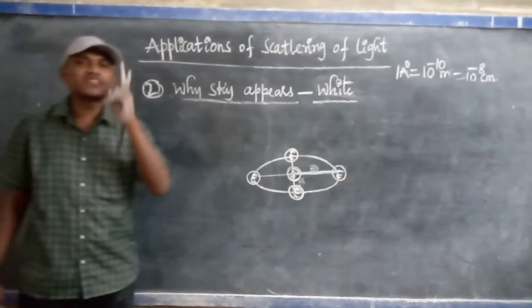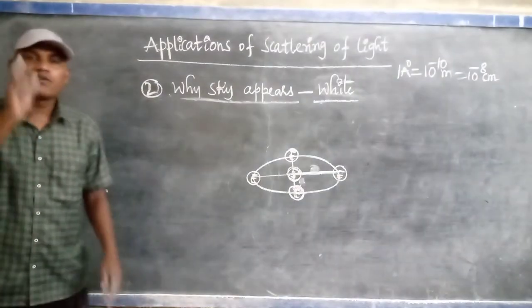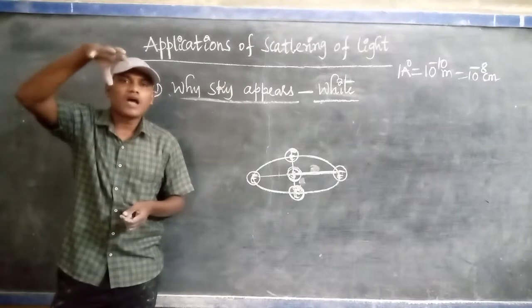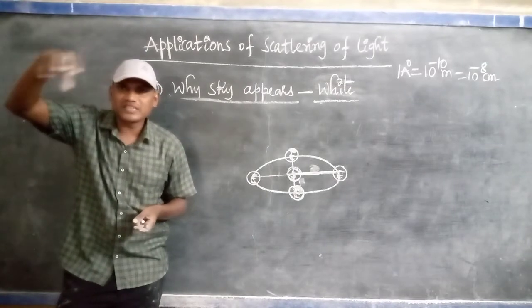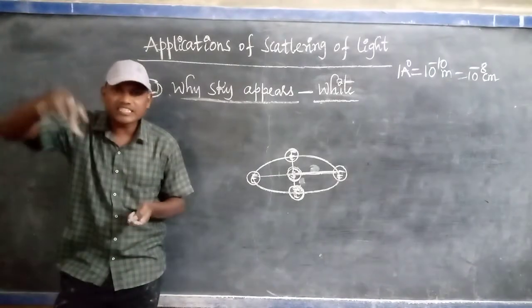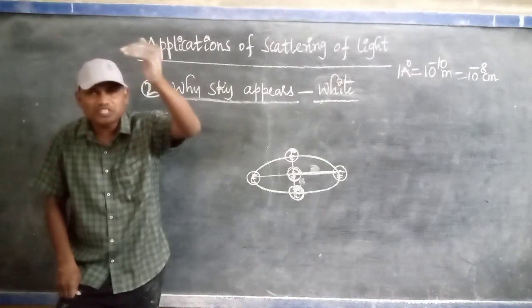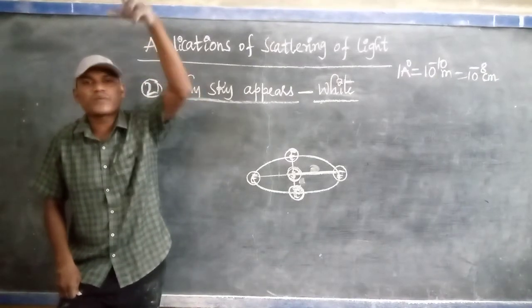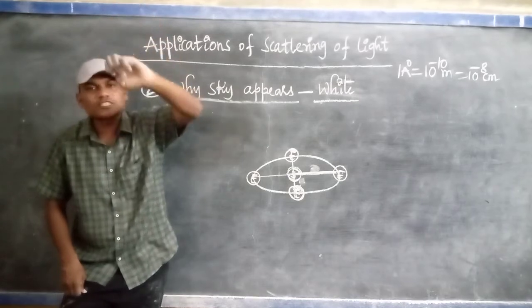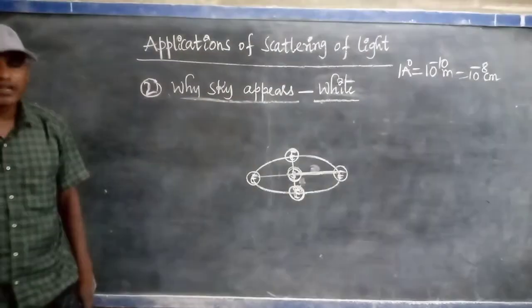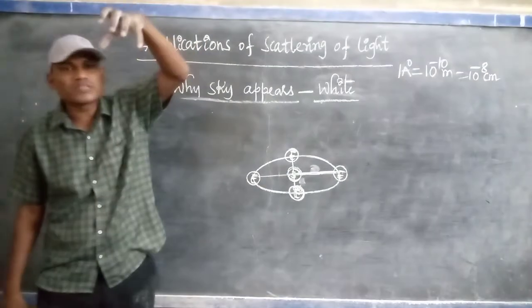So here I will say the 2 reasons. Listen very carefully. First one is, simple one. At noon time, temperature is more in the atmosphere. That's why evaporation occurs highly. Due to the higher evaporation, more water vapor settles in the air. That's why the size of the molecules or particles increases in the air. That's why the rays are coming from the Sun.